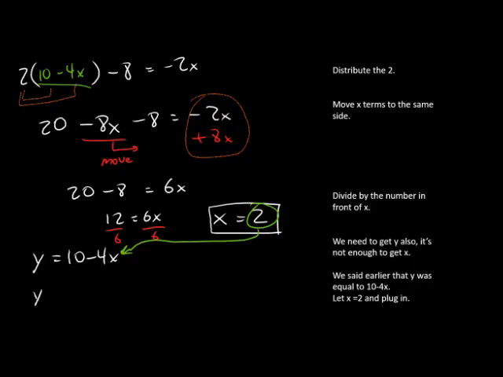When we do so, we'll have y equals 10 minus 4 times 2. 4 times 2 will give us 8, and so y is equal to 10 minus 8, which is also 2. When we give our answer, we will give our answer as an ordered pair. X first and y second every time. Therefore, our 2 that we found for x we write first, and our other 2 that we found for y we'll write second.